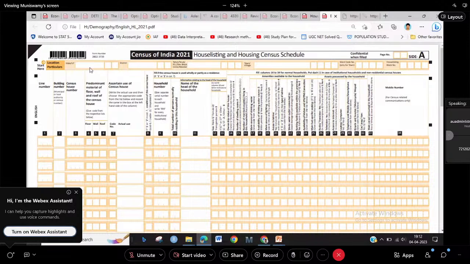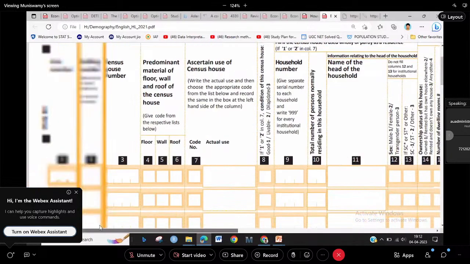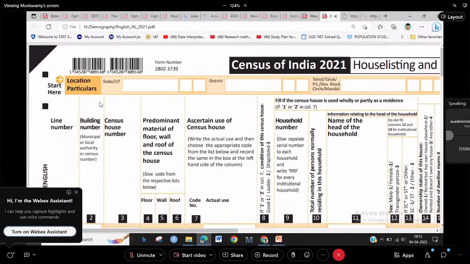Okay, so it is visible. These are some questions in the household survey. So door to door, our country is surveyed.